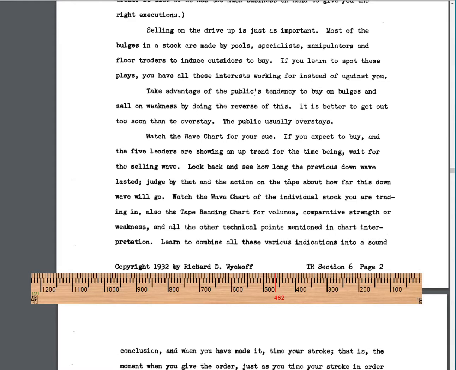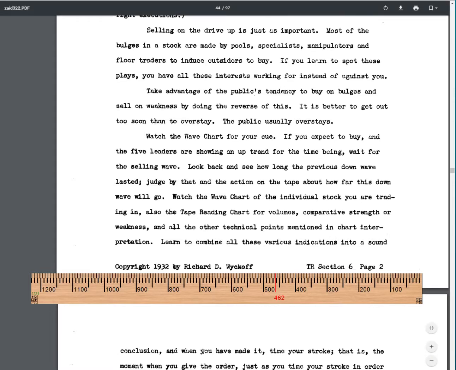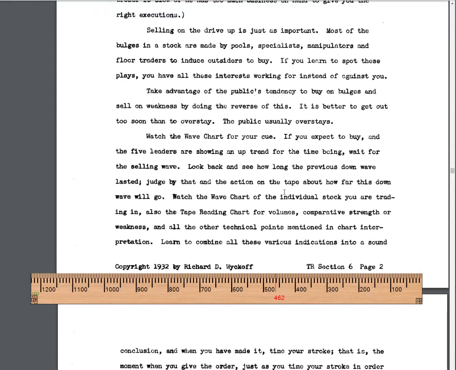Then he says, how do you measure how far a wave is going to go or how far it's going to pull back? Just compare the current rally with the prior rally and the current pullback with the prior pullback. Most of the time it is a good indication, but obviously, when markets attract a following, they continue, so you just have to be aware of that.